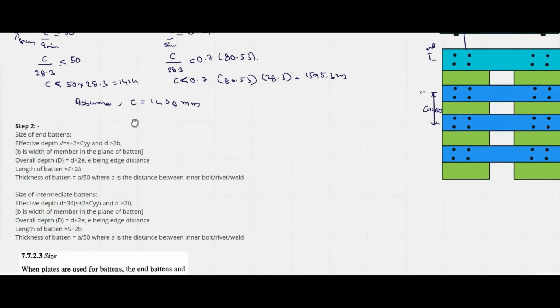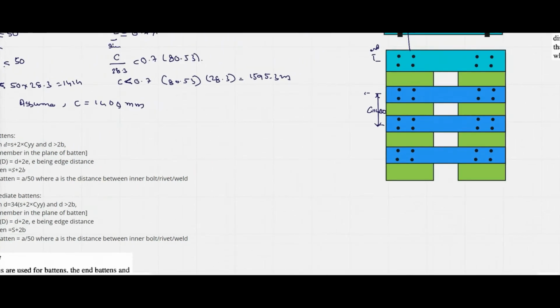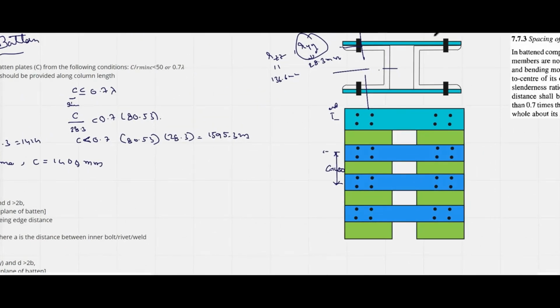From clause 7.7.2.3, it is given that the effective depth must not be less than the perpendicular distance between the centroids of the main members. So this is our main member, and it consists of axis. This is our CYY here, and CYY here. So the effective depth is nothing but the distance between the two bolts.